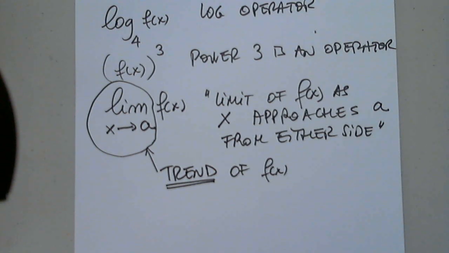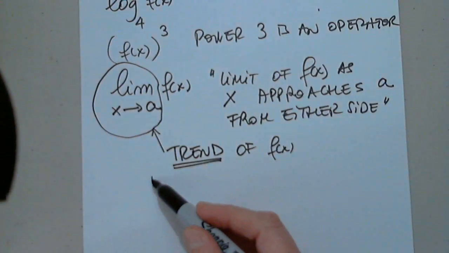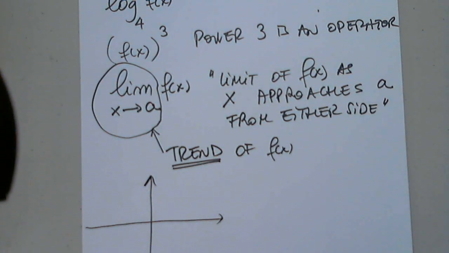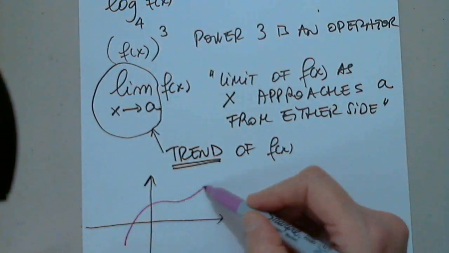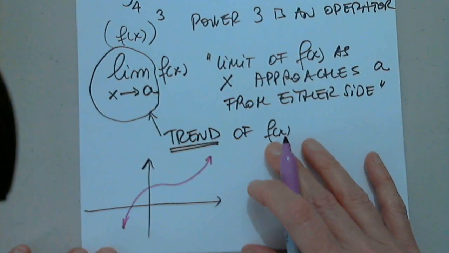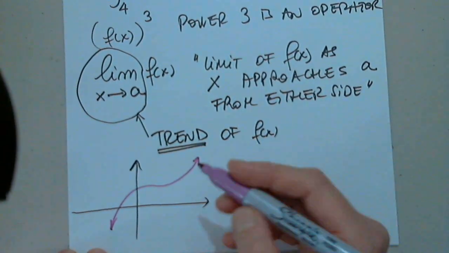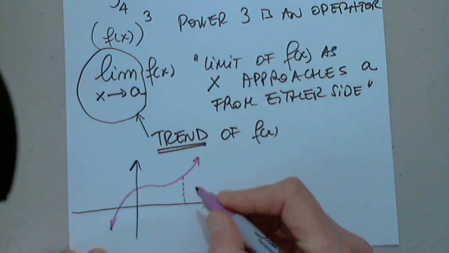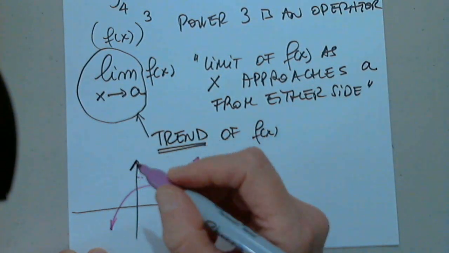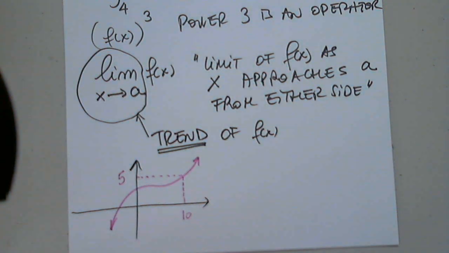Okay. So let's look at a few examples. So let's say I have this function, and then we'll look at some graphs in the book in a minute. I'm going to say this is 10. I'm going to say this is 5.